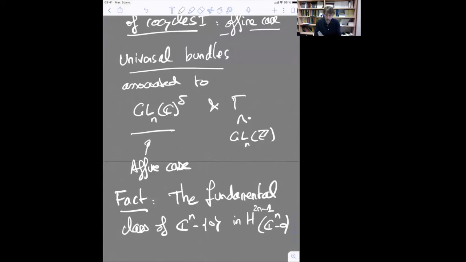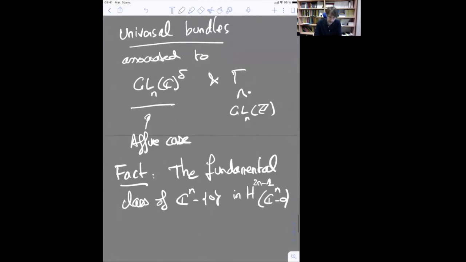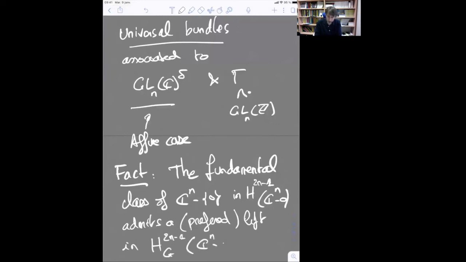And this class admits, I will discuss this later, but first I will discuss that it admits a lift in the equivariant cohomology of C^n minus 0.